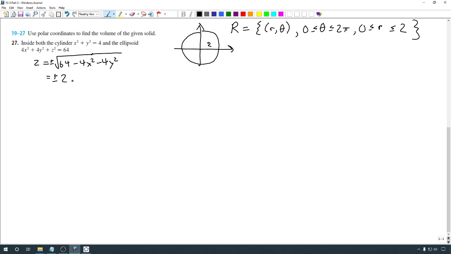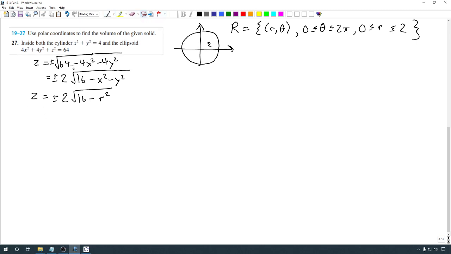So plus or minus 2 square root of 64 divided by 4, which would be 16, minus x squared minus y squared. In polar coordinates, remember x squared plus y squared is equal to r squared. So in polar coordinates, we'd use z is plus or minus 2 times the square root of 16 minus r squared. So we're going to have this square root in there again.